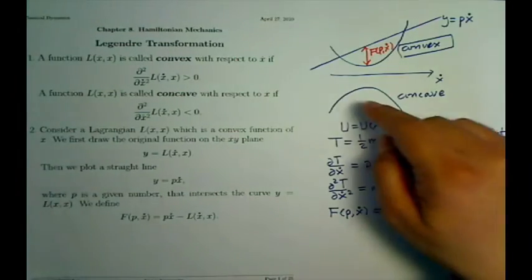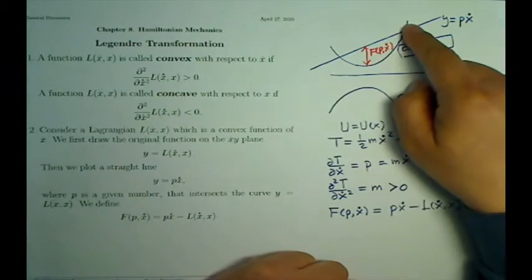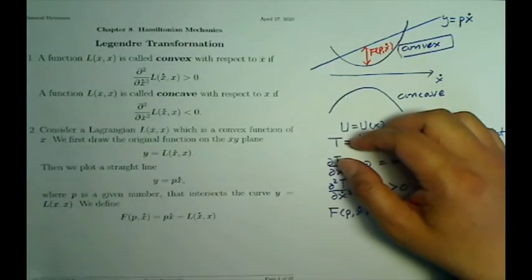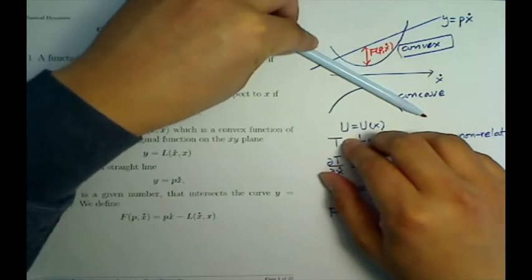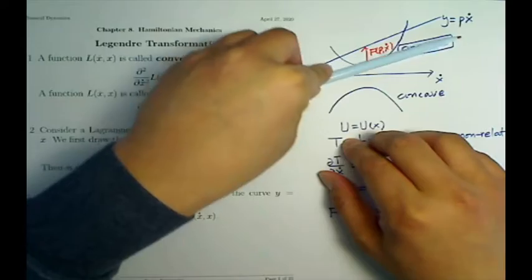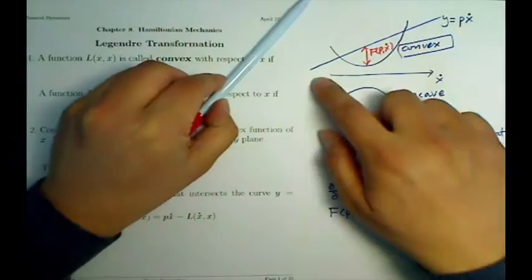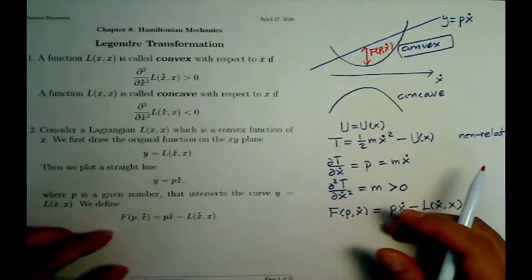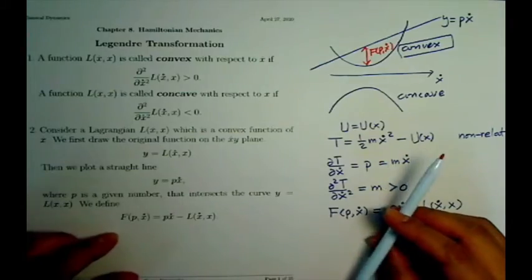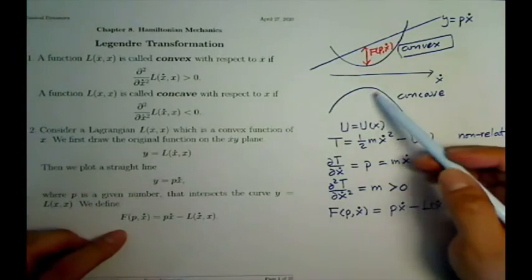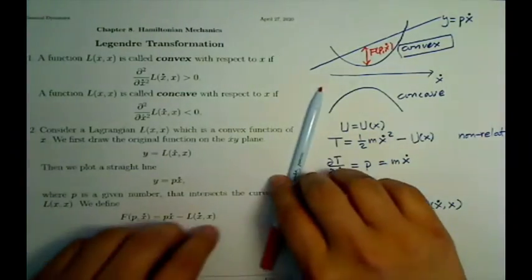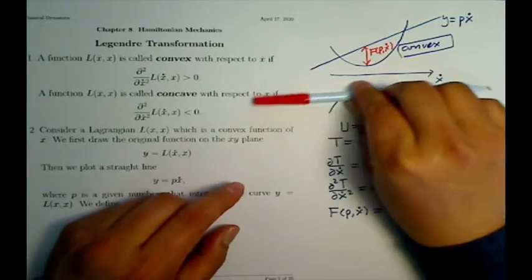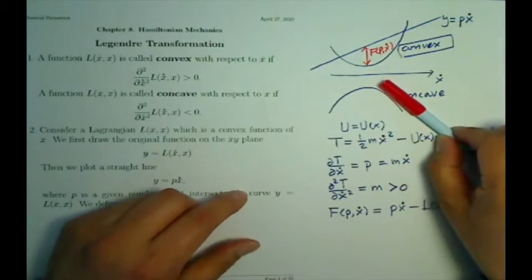So, first of all, this is convex. A convex function has its derivative increasing as this variable increases. And a concave function, which has the local maximum, has its derivative decreasing as x increases.